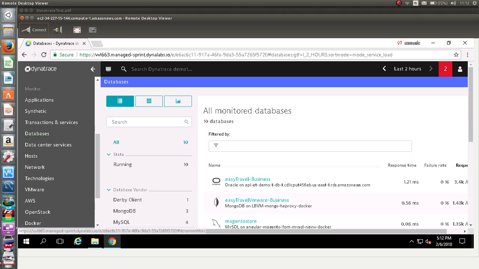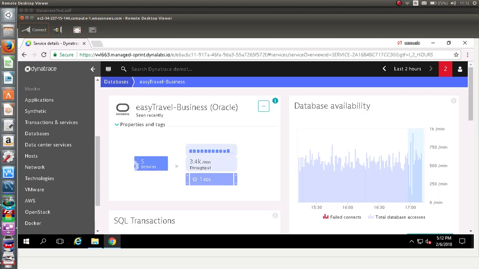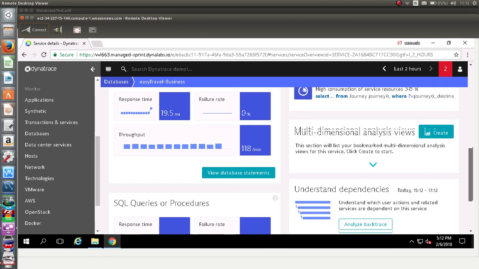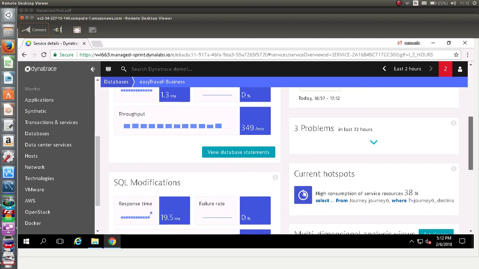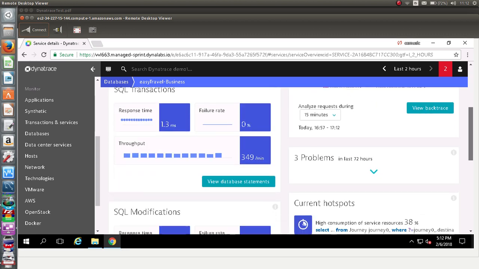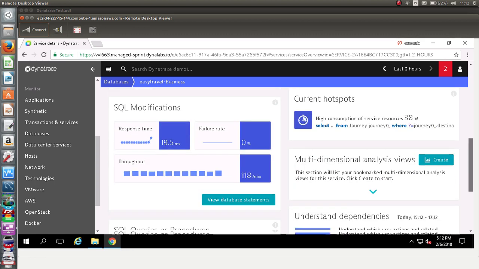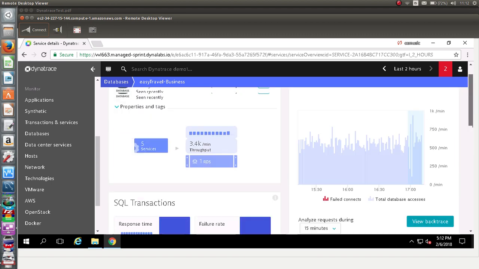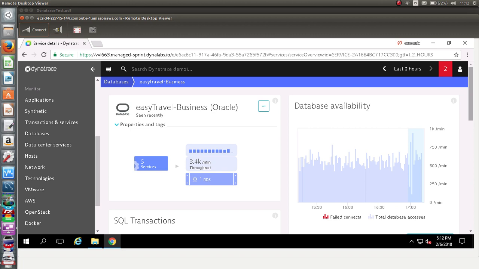We can understand that Dynatrace treats the databases as services, so we can go and explore each database, even down to the transaction statements, like for example, the SQL transactions, the SQL modifications, SQL queries or procedures for this database, which is an Easy Travel Business database, and it is in Oracle.